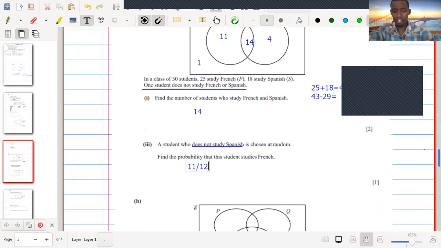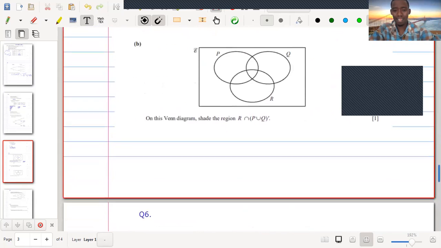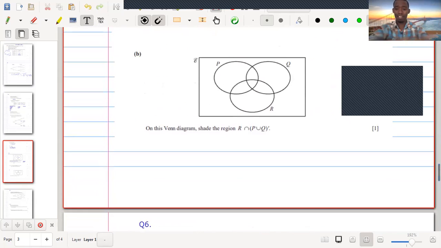Okay, next. Next is here. Let's shade accordingly. On the Venn diagram, shade the region R intersection P union Q complement. Remember, in the first video, we saw complement means outside that region. Like here, P union Q, it's outside of P union Q, right?